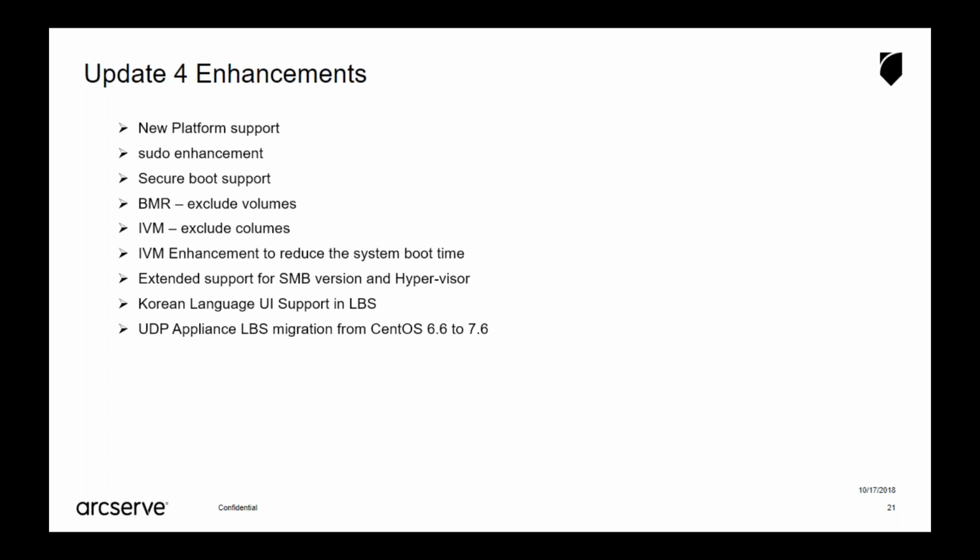So now with update 4, we upgrade the Linux OS from 6.6 to 7.5. I'm sorry for the typo there, it's 7.5. And NFS share protection is also enabled. If you have any normal NFS shares, we also enable you to protect them using the share paths.